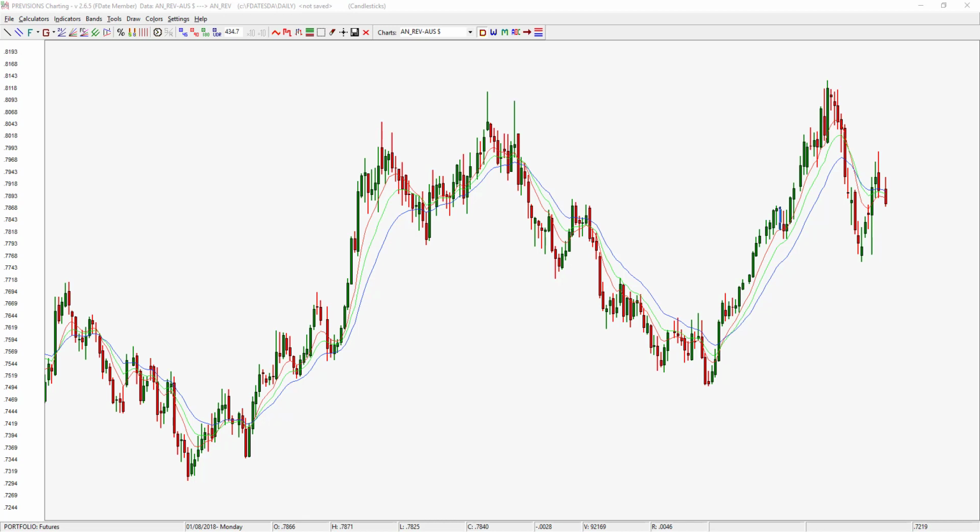Now there are many ways of calculating potential support and resistance levels. The ones that I'm going to touch on in this video are using the Gann retracement and even Fibonacci retracement ratios. So instead of me just talking here, I'm just going to demonstrate using this Australian dollar chart.